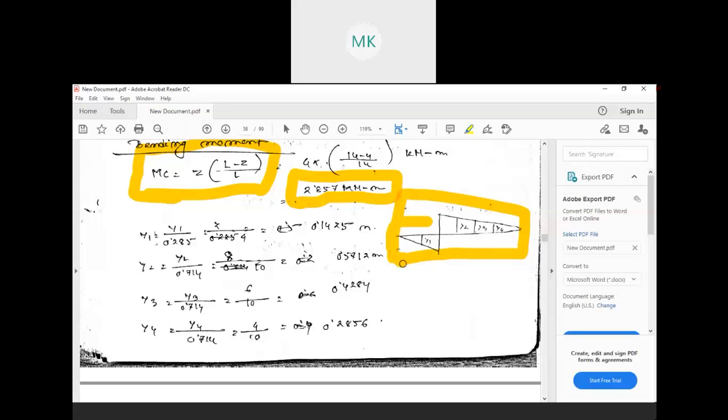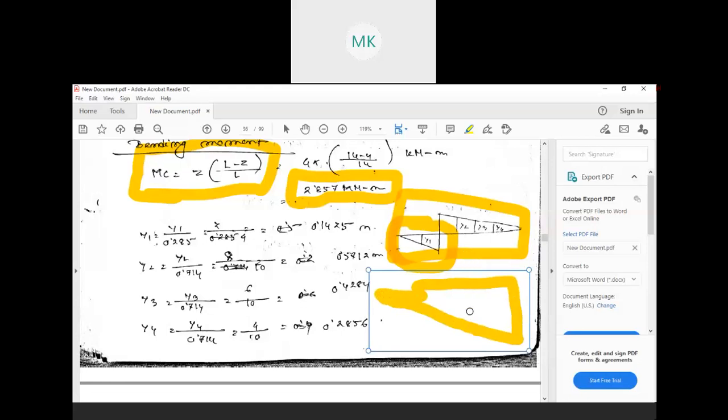We need to consider the similar triangle condition. First, if we consider this triangle, if I draw this, something like this will come out, and one ordinate will be here, this y1. If we further divide this triangle, there will be two triangles in between.